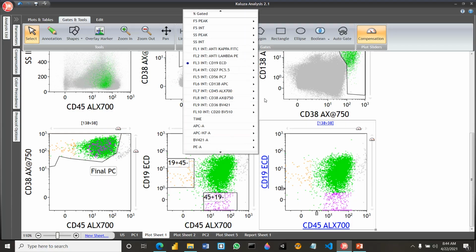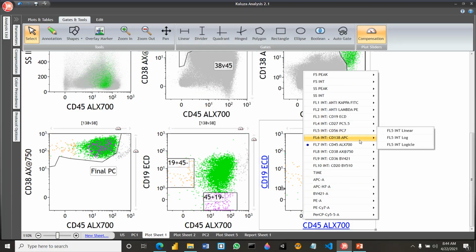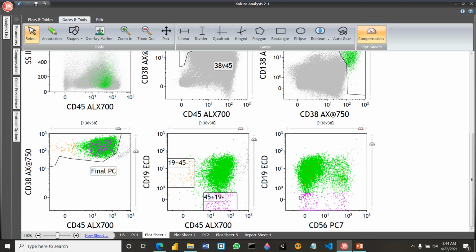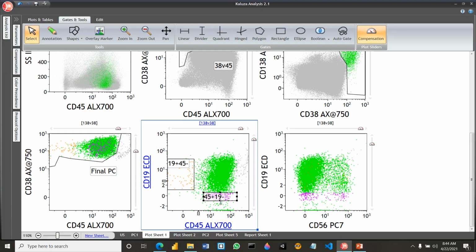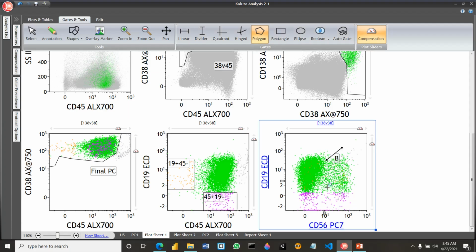Then we can look for CD19 versus CD56, and we have a CD56 positive population, isn't it? We can put a gate here to identify the CD19 positive, CD56 positive population.